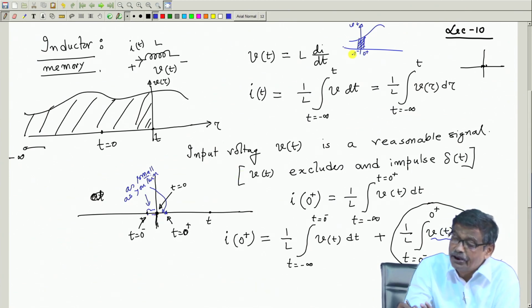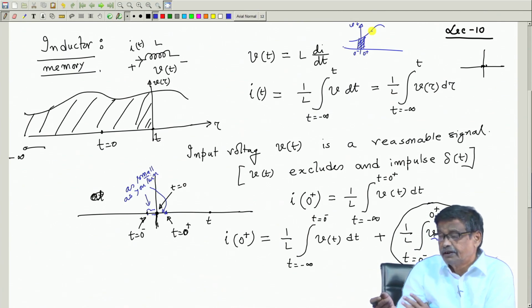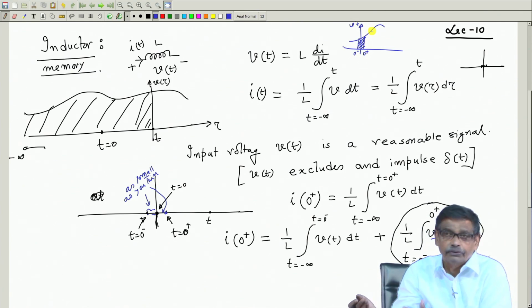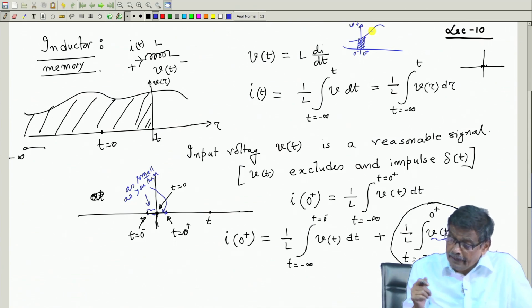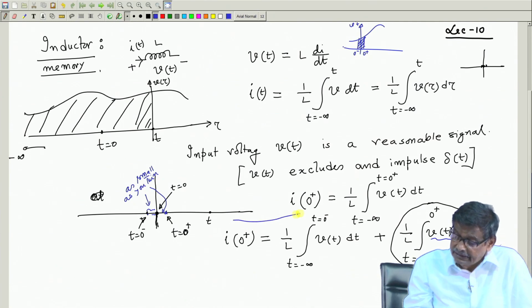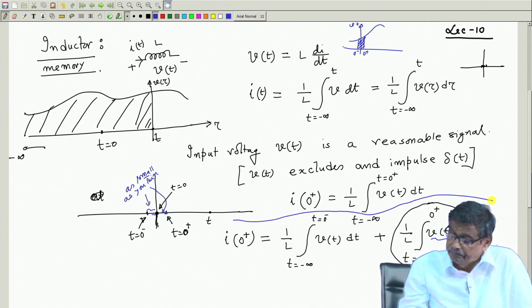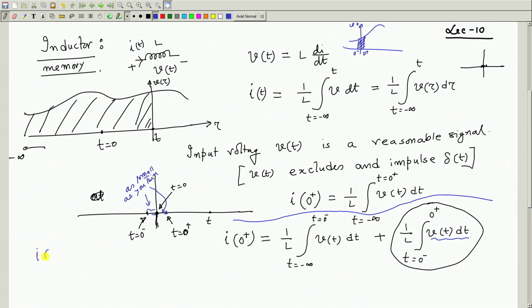Therefore, these 2 points collapse, and you will get a very thin sheet. Therefore, the area under this curve has to be 0 for all practical purposes. If that be the case, then let us see what is I at 0 plus.